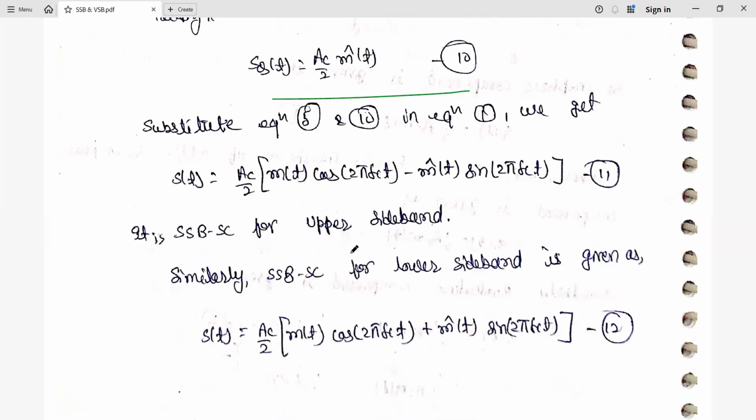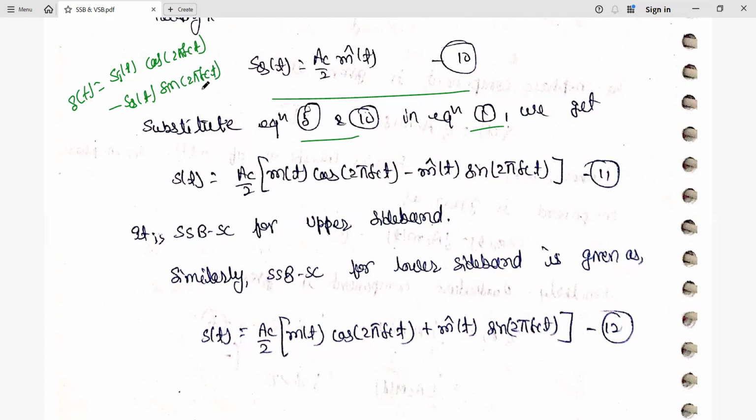So now finally these equations 5 and 10 we are going to utilize where? In equation 1. So there, if you see equation 1, we have written Si of t into cos 2 pi fc t minus Sq of t, and here we have sin 2 pi fc t.